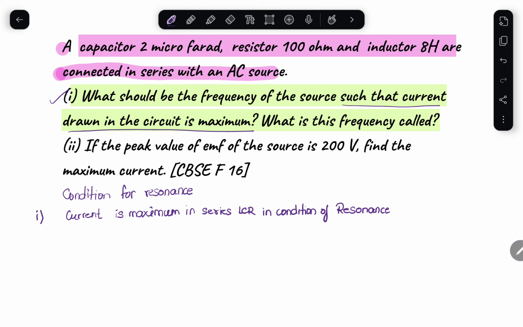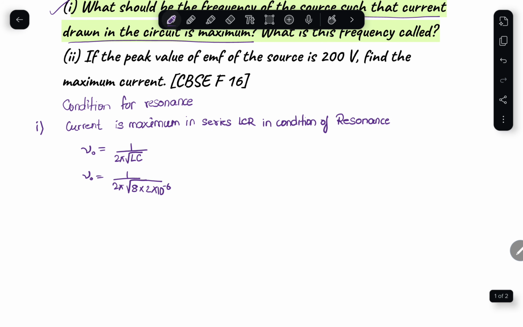So the formula for the resonance frequency: nu naught is equal to 1 by 2 pi root LC. Now write down the values: 1 by 2 pi root of, the value of L, the inductor, is 8 Henry, so 8 into, and the value of C is 2 microfarad, so 2 into 10 to the power minus 6 farad. So nu naught is equal to 1 by 2 pi root of 16 into 10 to the power minus 6.